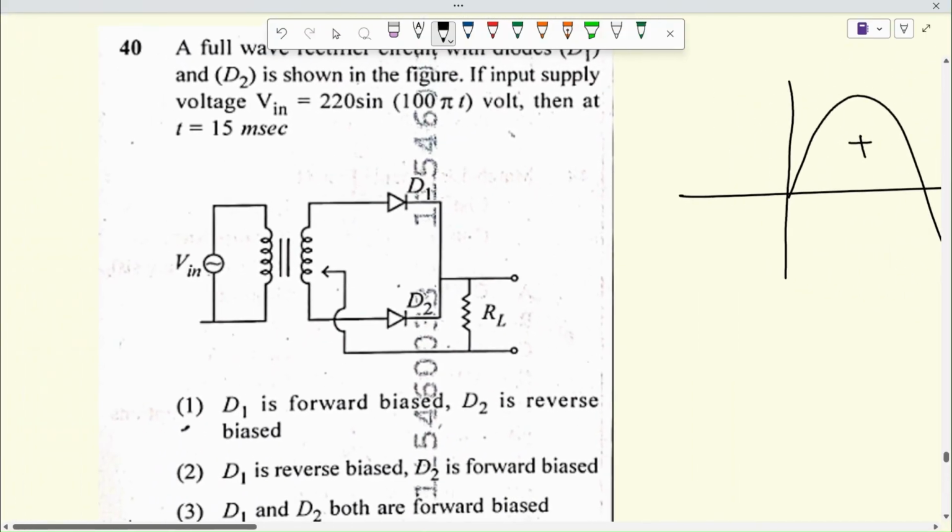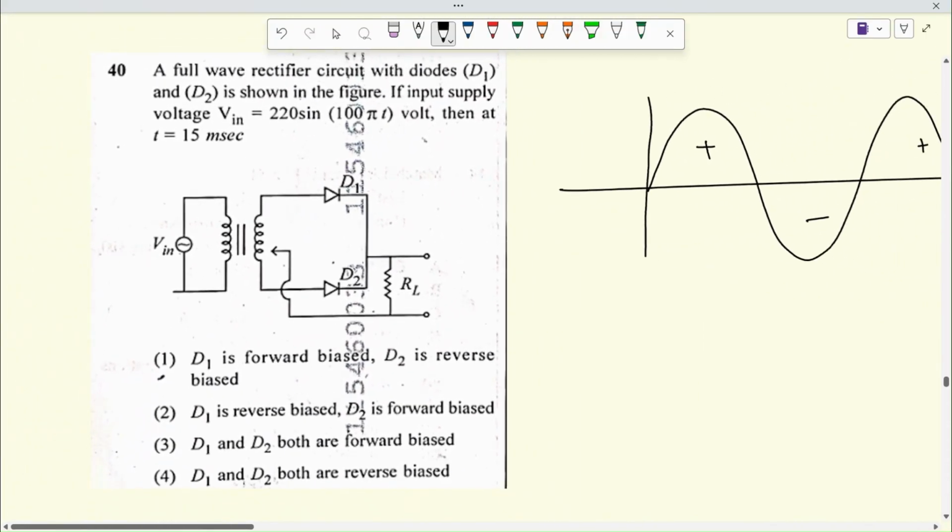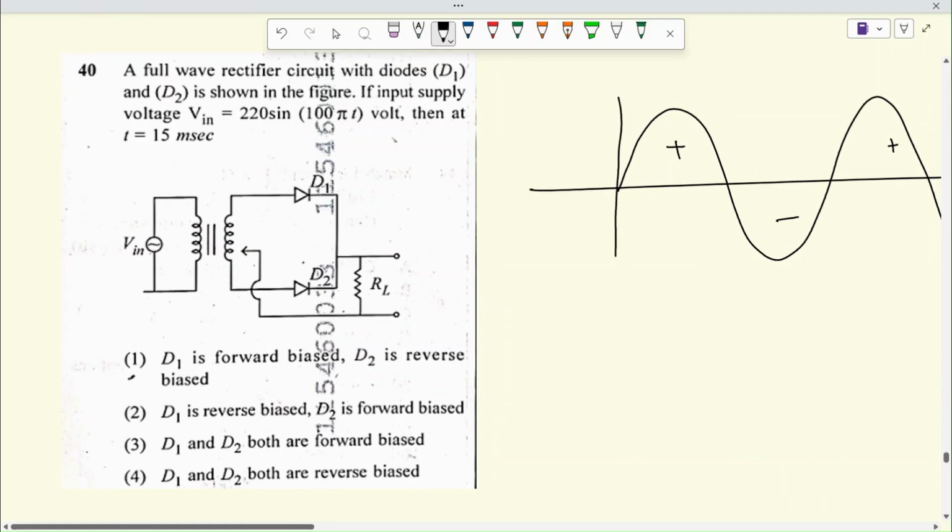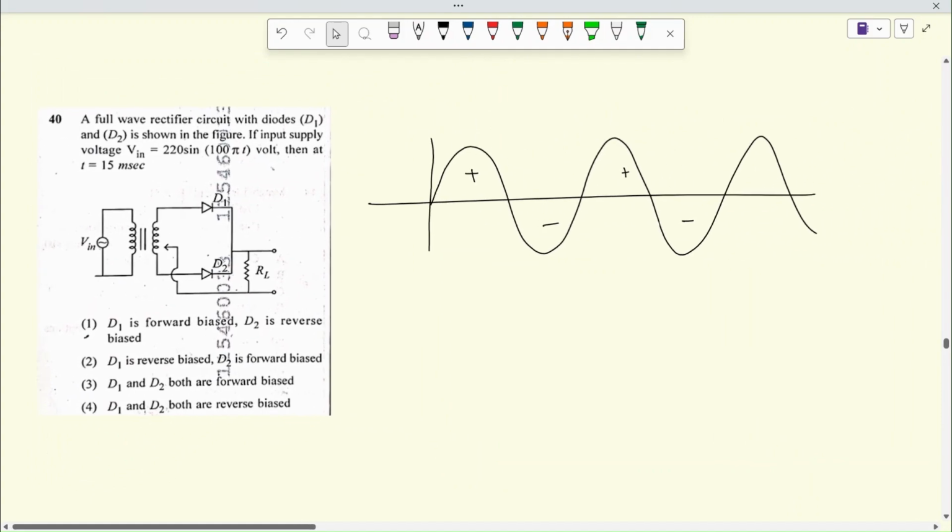40. Here, a full wave rectifier circuit with diodes D1 and D2 is shown in the figure. Input supply is given. Then at t equal to 15 millisecond, what is happening? Forward and reverse biased. You know an AC current consists of positive and negative half cycles like this.